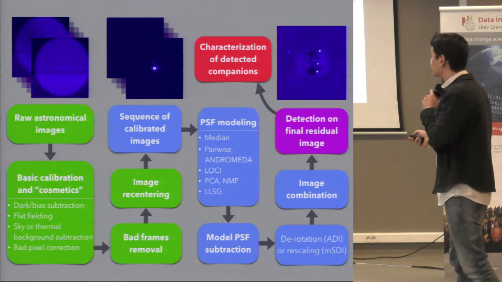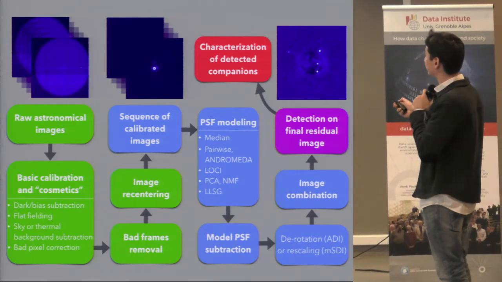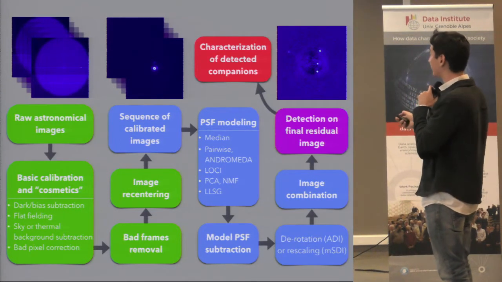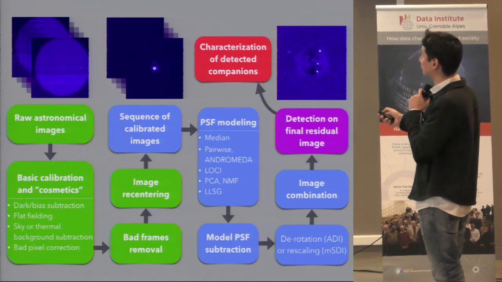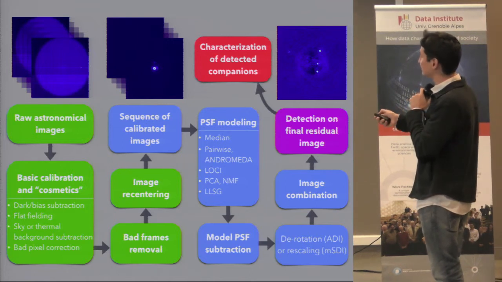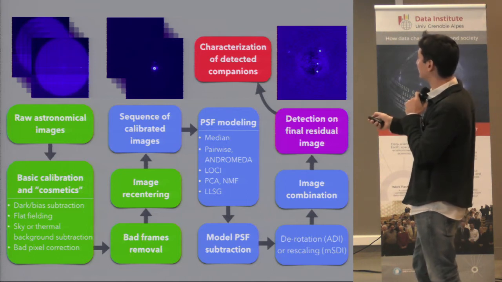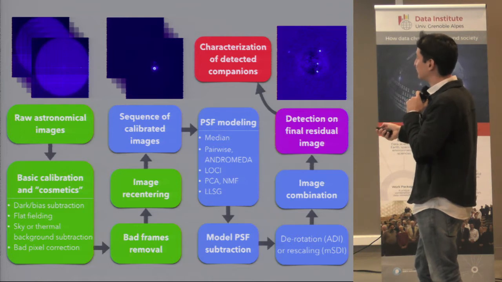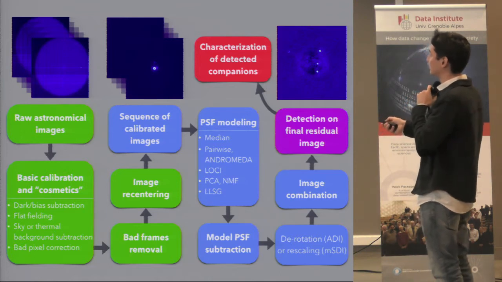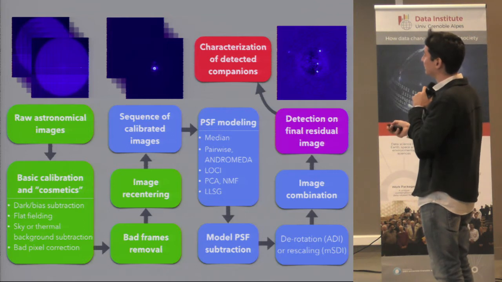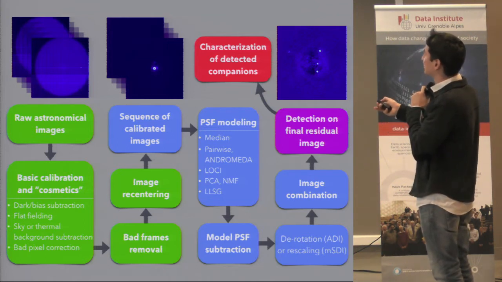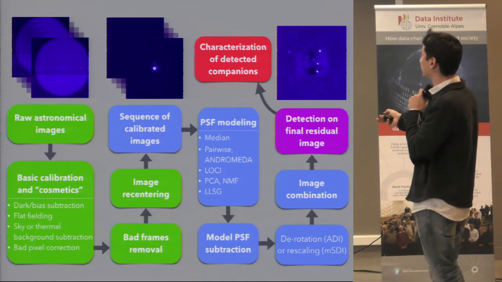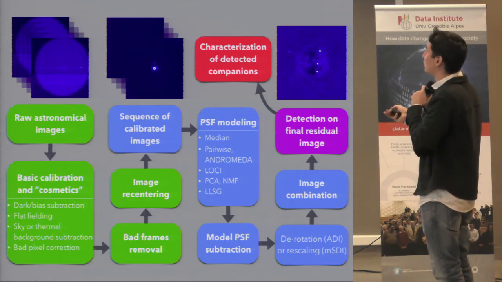This is a very long pipeline of operations to go from these noisy sequences of images. We apply calibration procedures, which are very common for all astronomical data, and we arrive at this sequence of calibrated images.